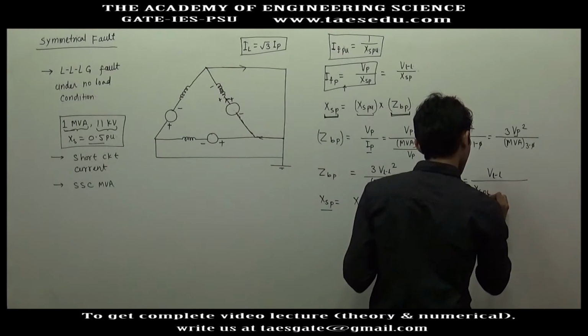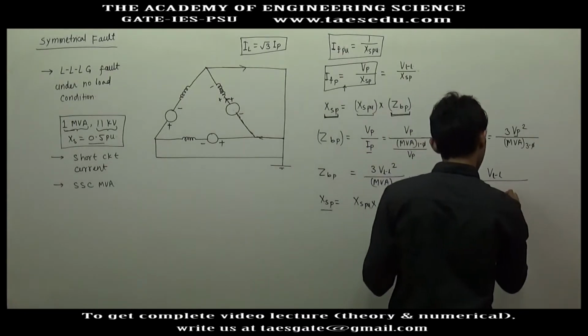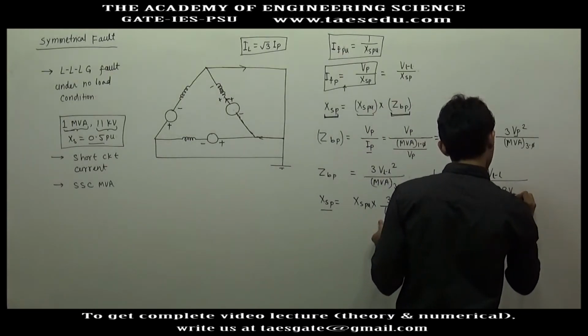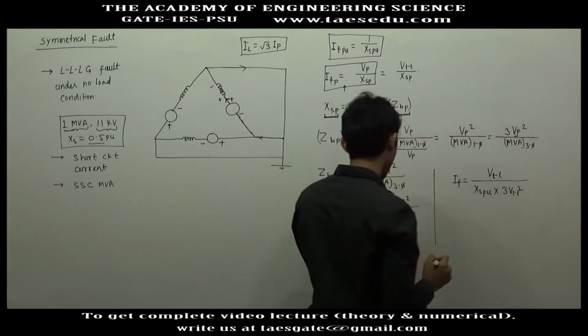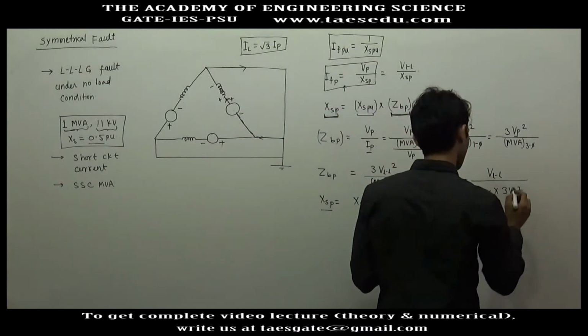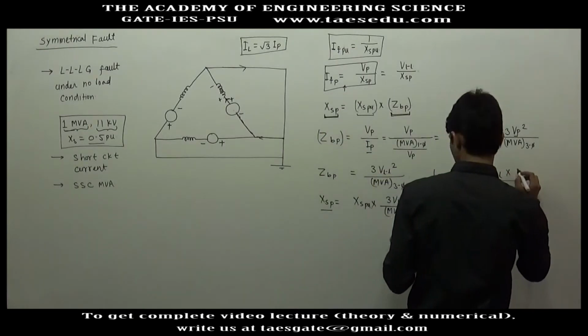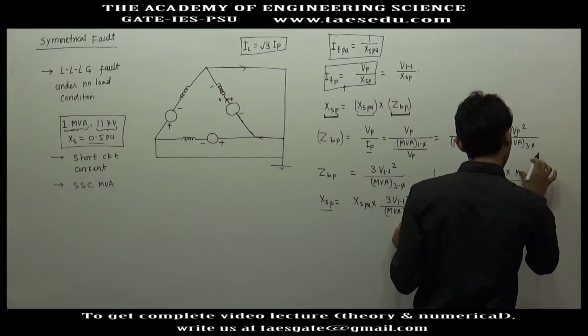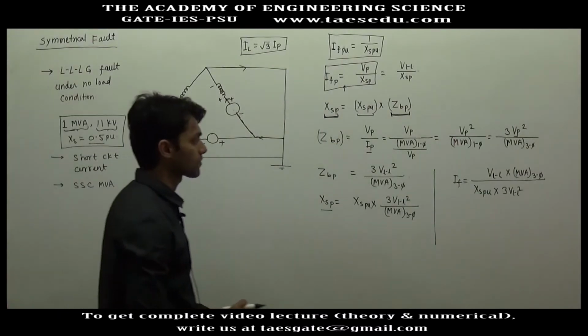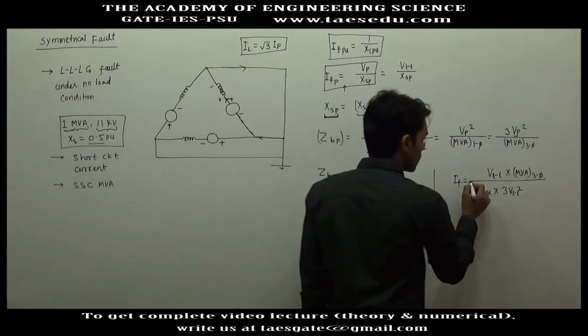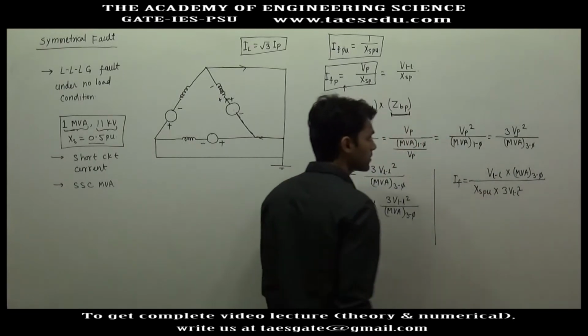VLL divided by XSP is the pu value of synchronous reactance into 3 VLL square, and this will go to the denominator, this will go to the numerator, into MVA. So this is the actual value of fault current.